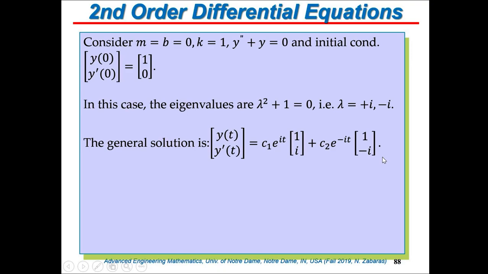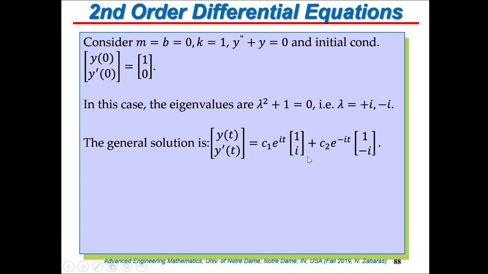So here is a case where we have an anti-symmetric matrix A. We can see that this anti-symmetric matrix leads to pure complex eigenvalues, and also the eigenvectors in this case are complex. But still, our formula for the solution of the linear system of differential equations applies.